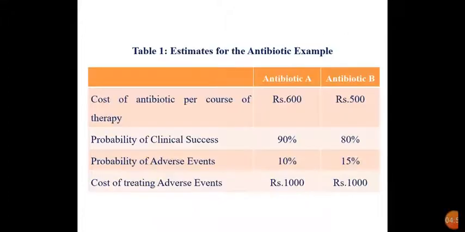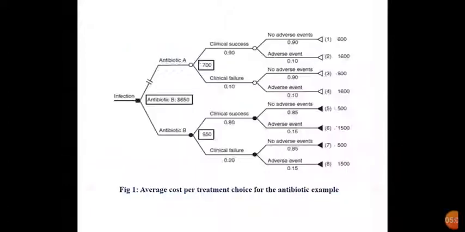The probability of clinical success is 90%. So here we are converting this 90% clinical success into probability values. That is, if it is 100%, then it is 1, and 90% it is 0.9, 10% means 0.1. So here the clinical success 90% for antibiotic A means it is 0.90.